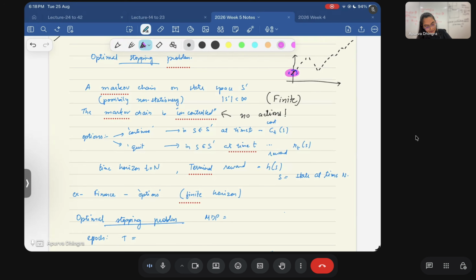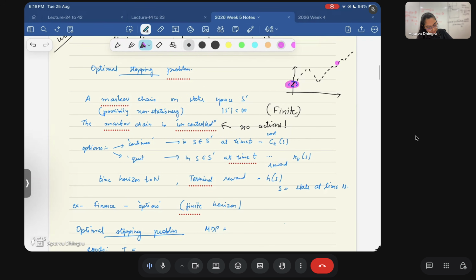Then you decided to exit here. So your entering could be labeled as your starting state, and your exit could be the price at the new state. So what will matter to you is whatever this difference is from here till here, right?